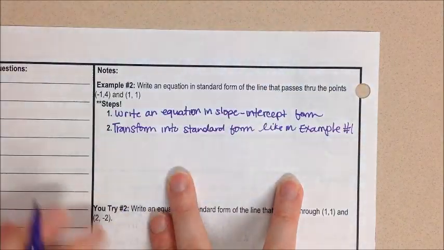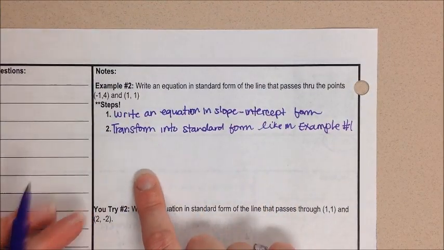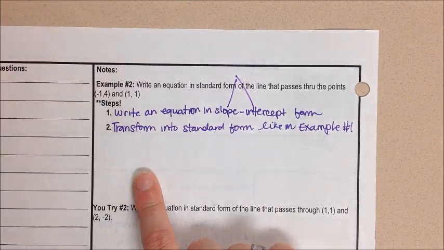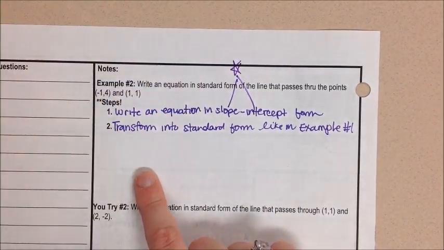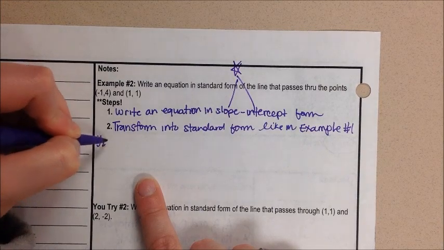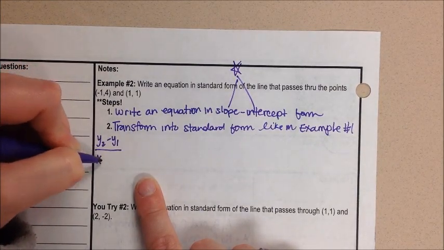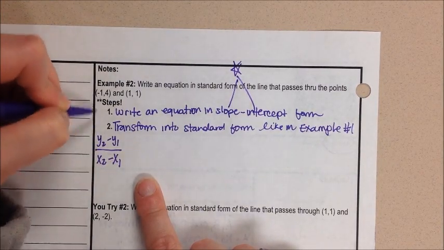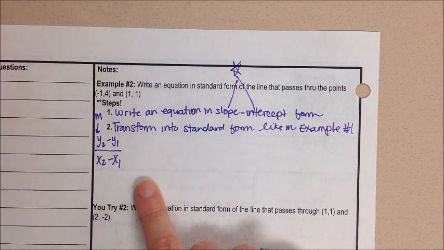So, for slope-intercept form, we need a slope and an intercept, okay? Those are the two things we need. Okay, so to find slope, remember that's y2 minus y1 over x2 minus x1. That gives me my m.